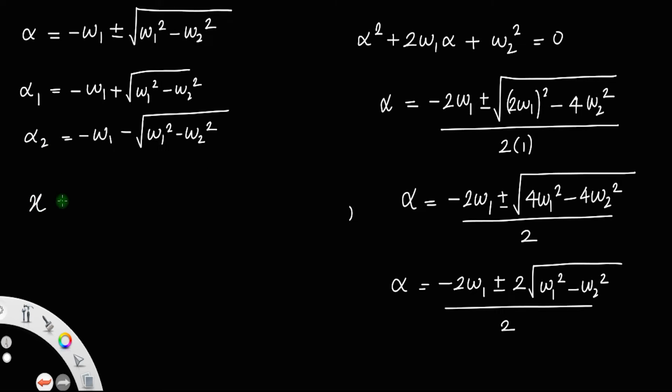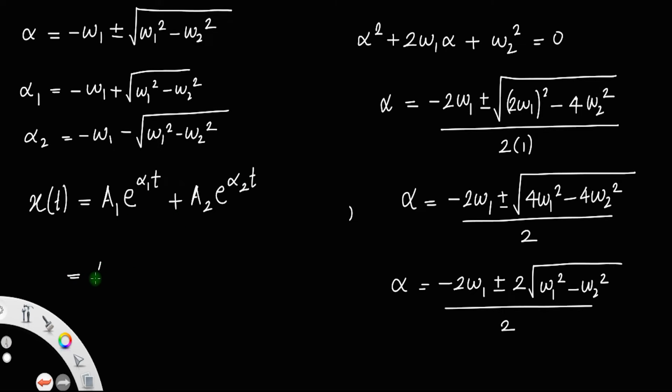The solution is actually x at a particular time, x of t, it is of the form a1 e raised to alpha 1 t plus a2 e raised to alpha 2 t, where a1 and a2 are some constants.